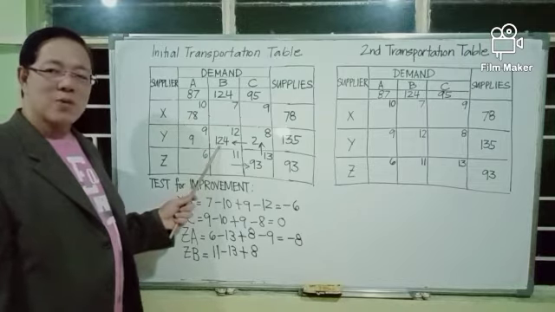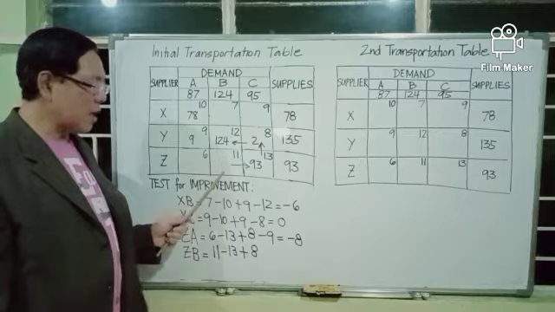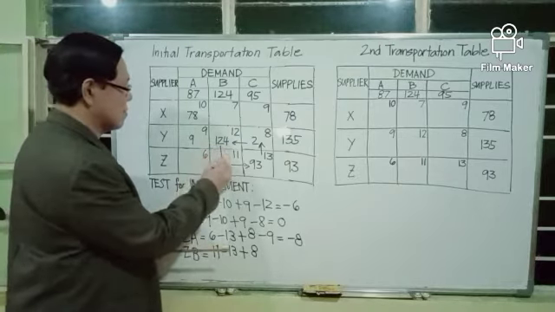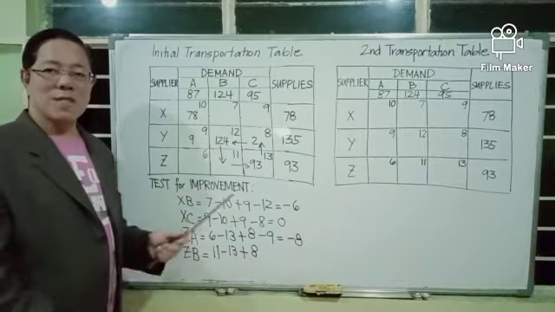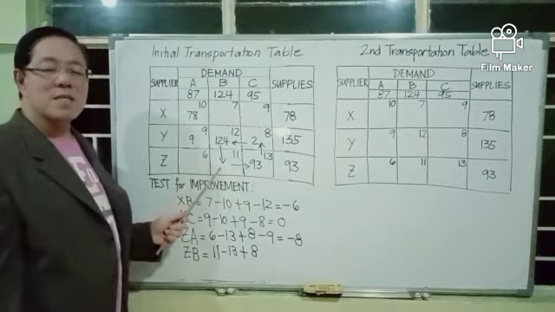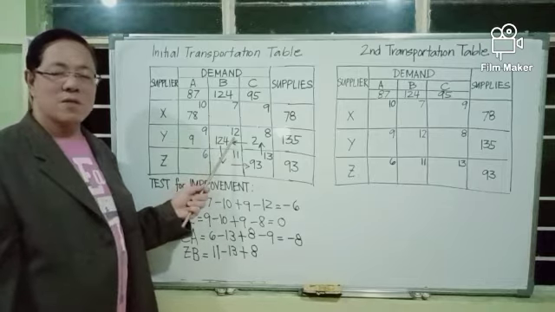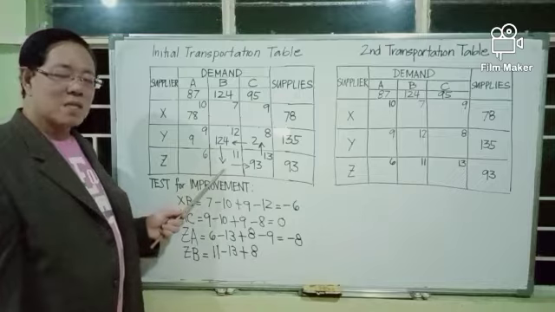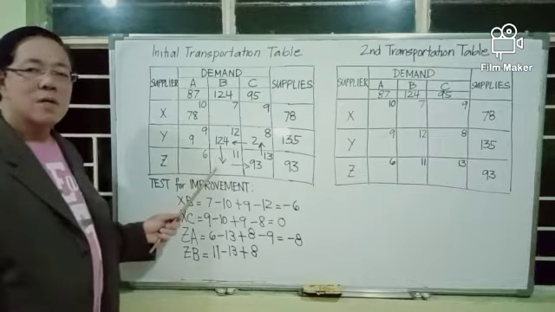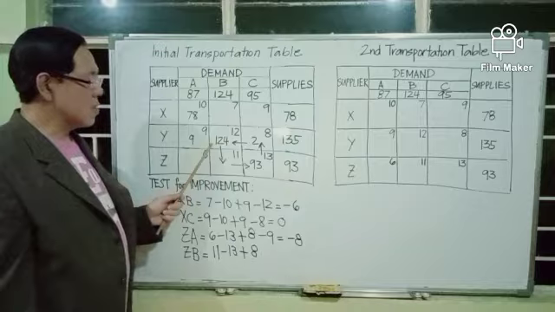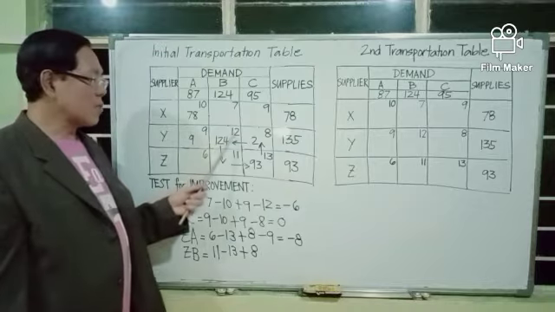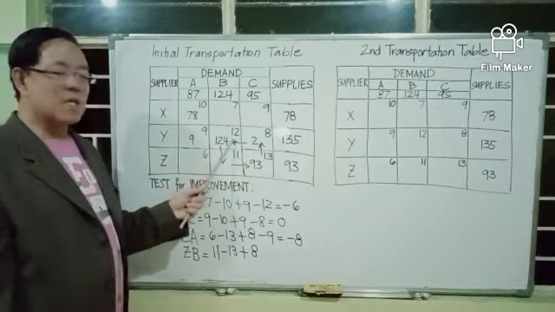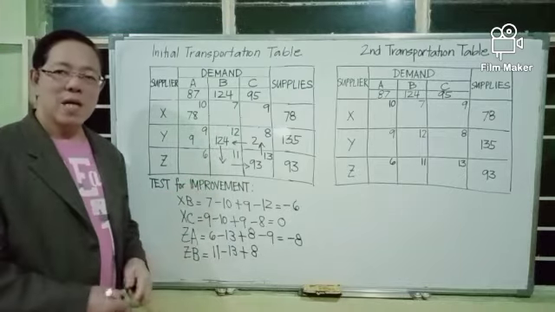Thus, from 124, we move vertically downward and we get back to where we started. The cost associated with this vertical movement is the negative of the cell cost where you originated. In moving to this vacant cell from 124, the cell cost of this cell is 12, thus the cost associated with this vertical movement is negative 12.